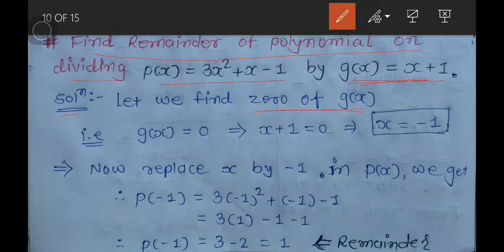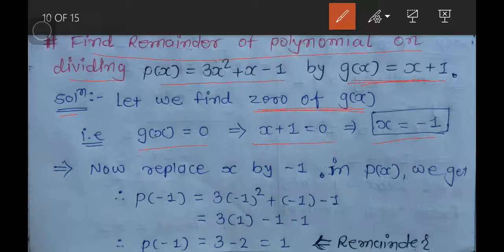So we put g of x is equal to 0 and make it a polynomial equation. Here g of x is x plus 1 is equal to 0. By moving 1 to the right side, it becomes minus 1. So we get x is equal to minus 1, which is the zero of our polynomial g of x.